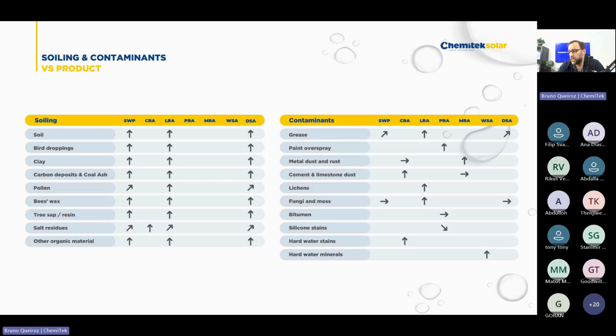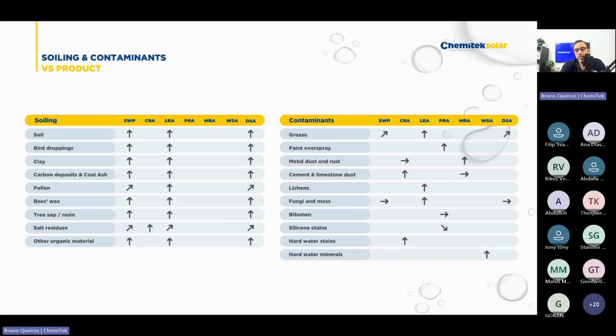That's where the cement removal agent will help you, because most of the hard water stains are calcium, and the CRA is designed to handle calcium. If you want to avoid the staining, of course, you have the water softening agent that will catch all the hard water minerals so that you can rinse off the modules without leaving any stains on it.